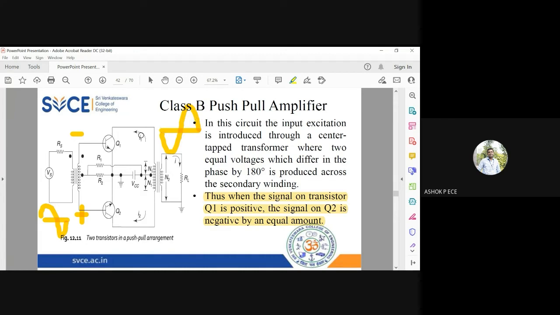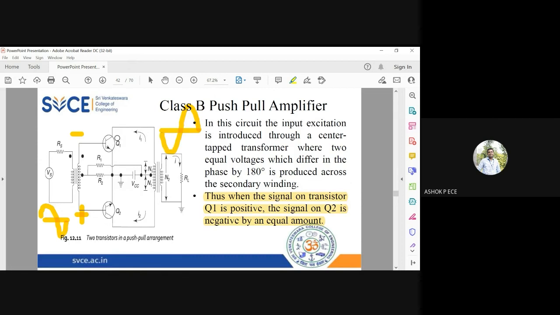Since I'm using two transistors and the two collector currents are uniform, that is why, in the efficiency expression, we use 2 into IC. That is the reason I'm using 2IC there. Please understand that. As the sine wave comes alternately positive and negative, Q1 is on, Q2 is off, and you get one portion of the sine wave.